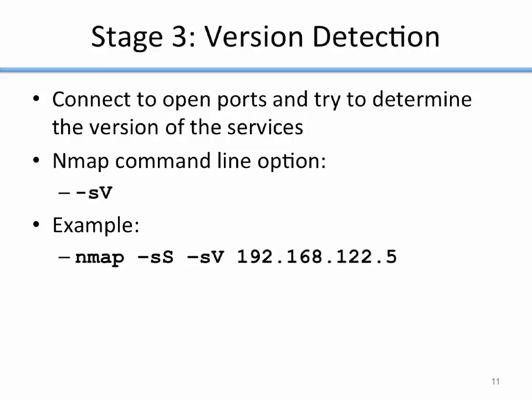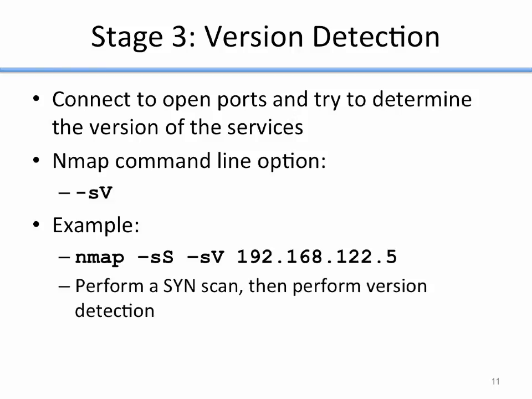So as an example, if I use this command line option, well, this will perform a SYN scan, again, because I've specified the SYN scan. And then I also specify, after the SYN scan, perform a version detection scan. And I'm just going to run it on this one host. If you don't specifically request version detection, then Nmap will skip this stage. So you have to specifically request it in order to get it to run.